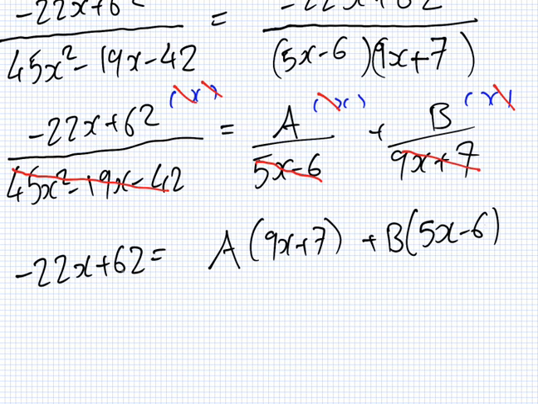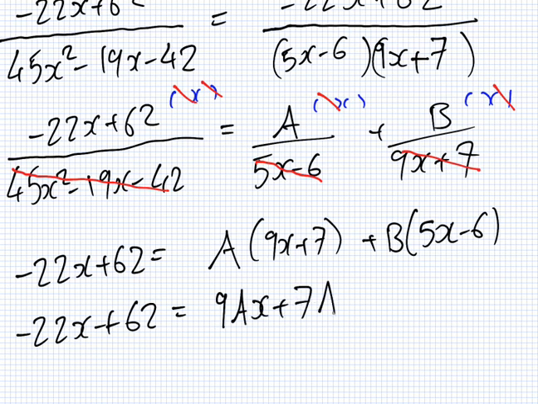Now this is where it gets a bit different. Minus 22x plus 62 equals 9ax plus 7a plus 5bx minus 6b.